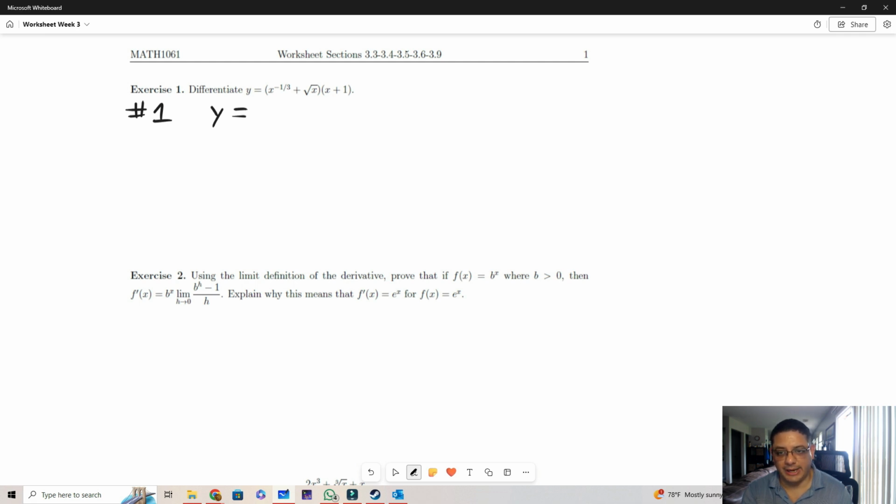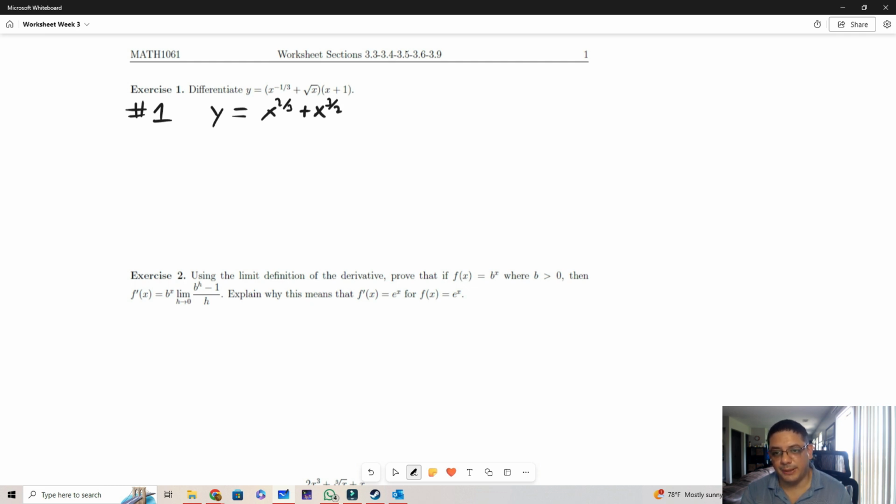So if you multiply x by x to the minus 1/3, this is going to give me x to the 2/3. Now x by x to the 1/2, because remember square root of x is x to the 1/2, then x times square root of x is going to be x to the 3/2.